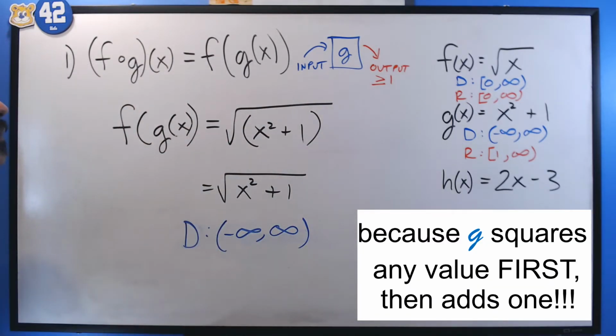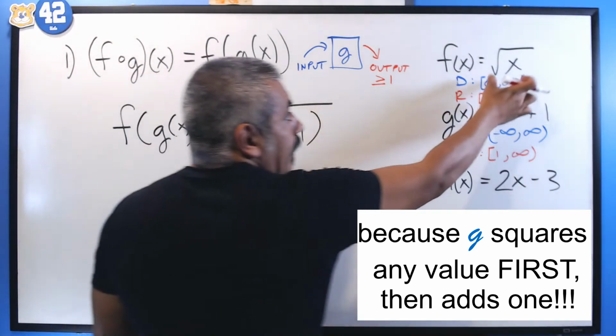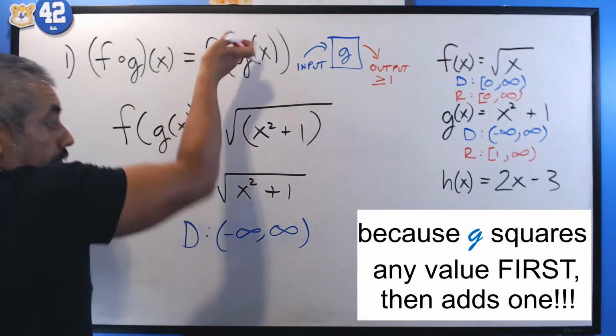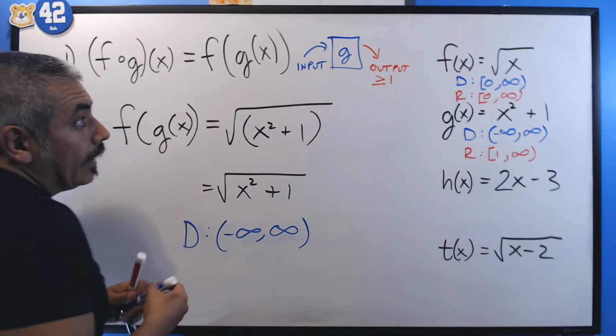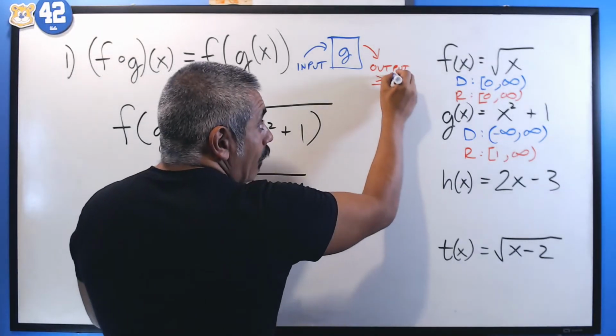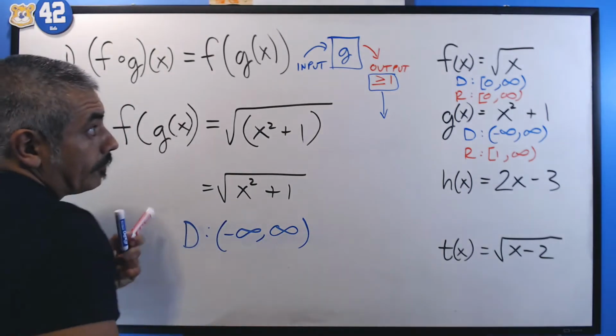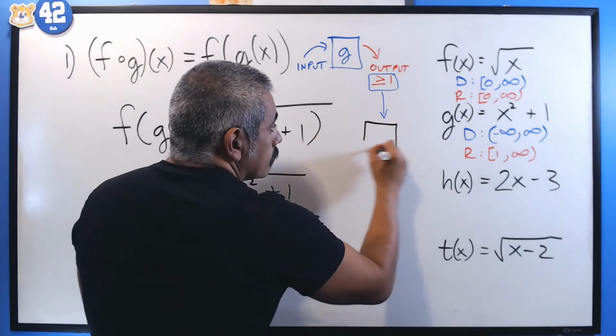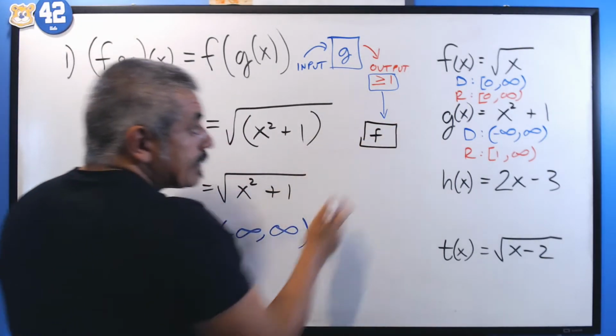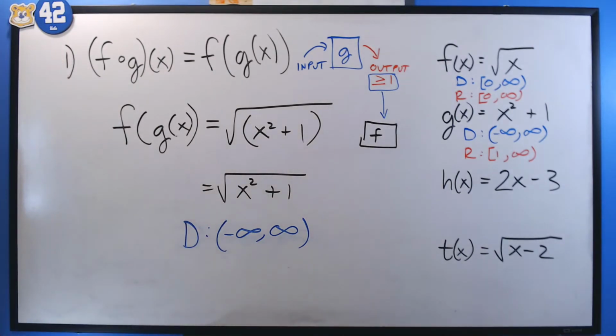So then that means that the only numbers that are going to go into F are going to be 1 and greater. So now this right here is going to become the input for F. And based on this input, F is going to give us back an output.